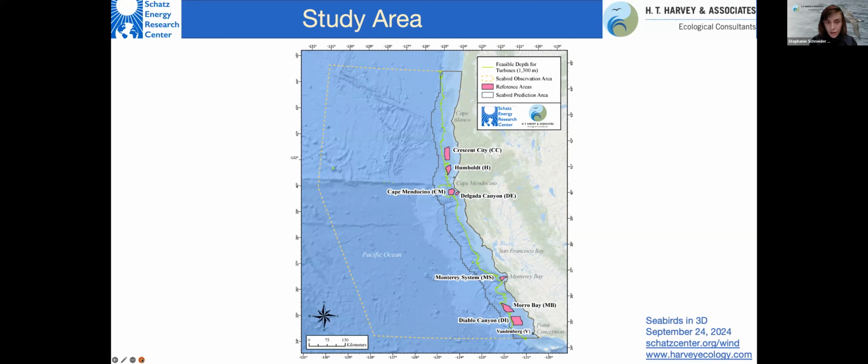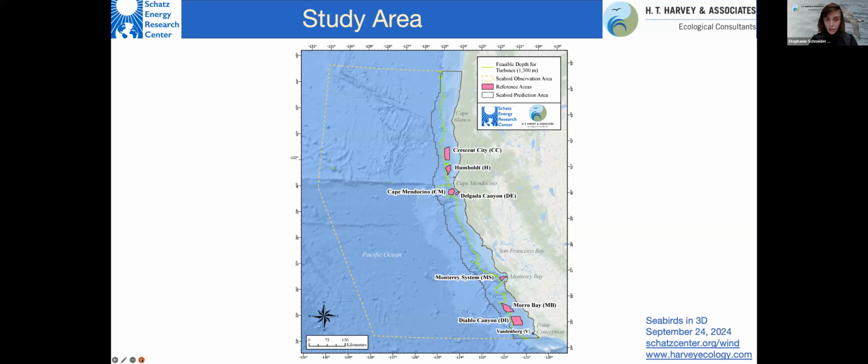So this is our study area, and the yellow area is the observation area. That's the area for which we had observations that we used to generate our model. Our model predictions are a more narrow band of that, so it's the gray box. And that's focused to where we have the most data, and also the area where wind facilities can exist.